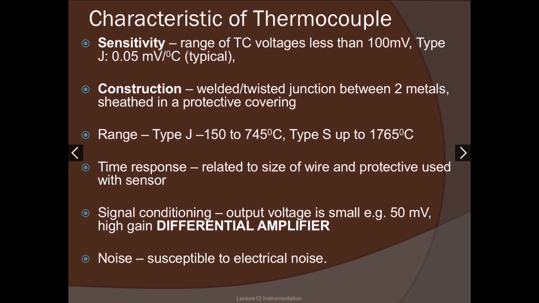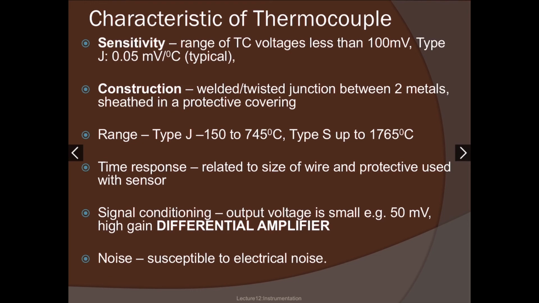For example, type J, 150 to 745, type S, up to 1765 degrees C. In terms of time response, it depends on the size of wire and protective covering used with the thermocouple. Since the voltage output is small, around millivolt, the signal conditioning for thermocouple is high gain differential amplifier.